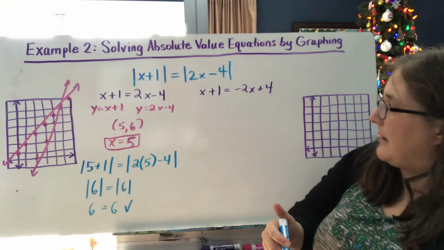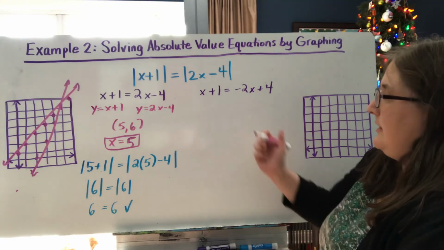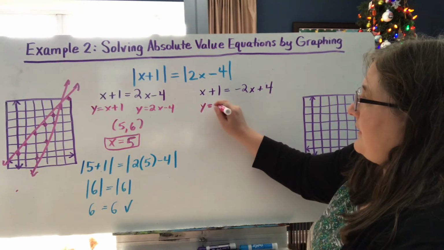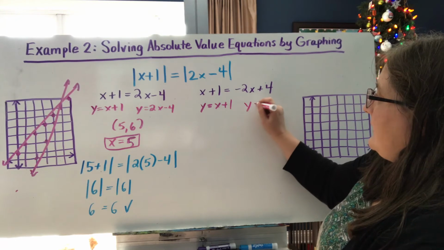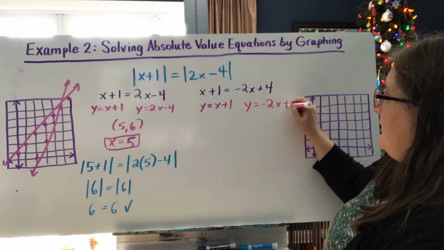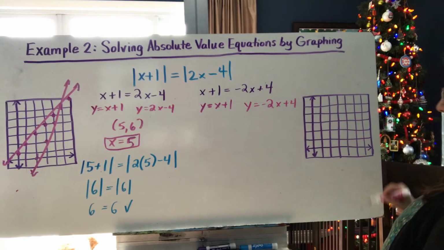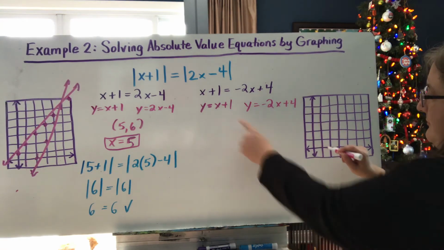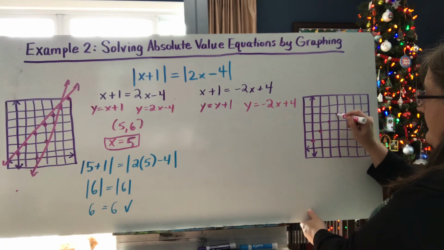But I may have another possible solution. Let's take a look at this other equation we set up. So I'll also have y equals x plus 1, same equation from my last graph. My second equation will be a little different though, negative 2x plus 4 equals y. So let's graph these guys. So I have a y-intercept of 1 and a slope of 1.